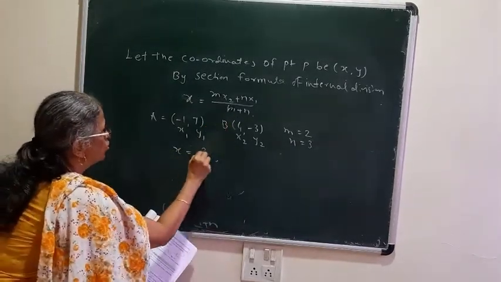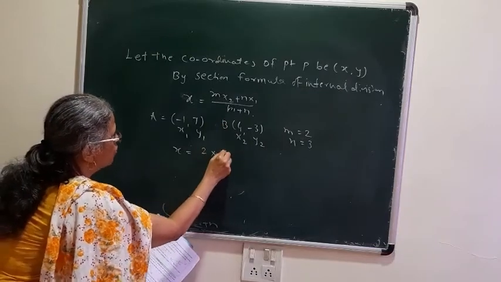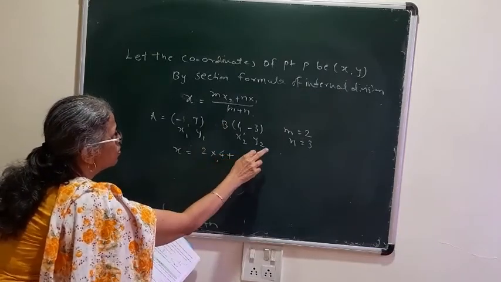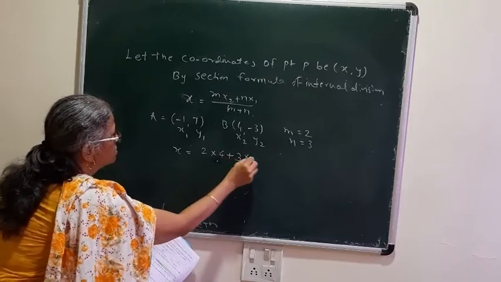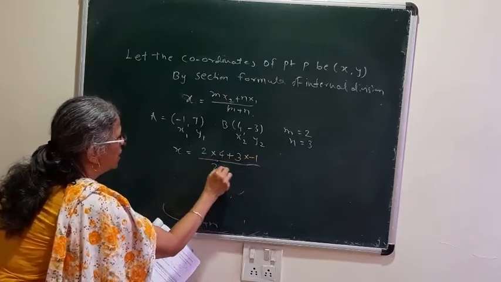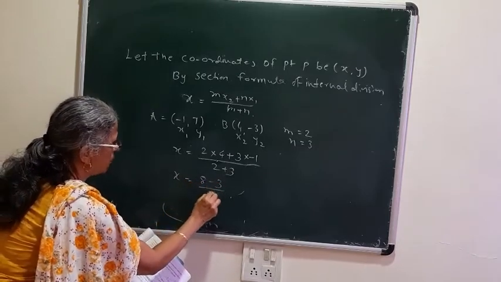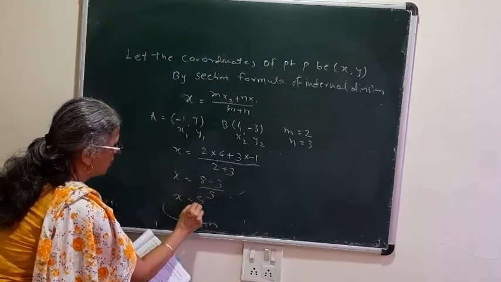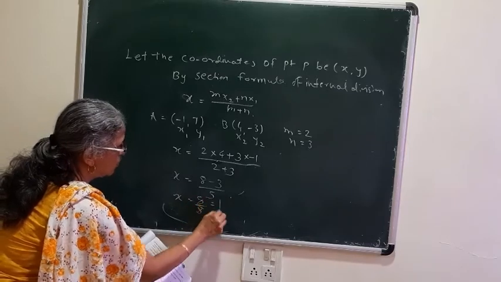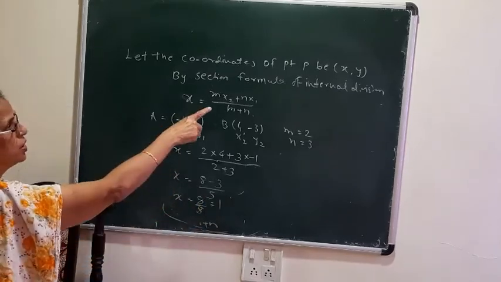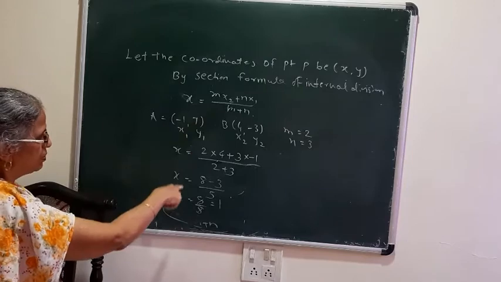So m is 2, x2 is 4, plus n is 3, x1 is minus 1, upon m plus n. So x is equal to 8 minus 3 upon 5. So x is equal to 5 upon 5, that will be 1. So the x coordinate of P will be 1.